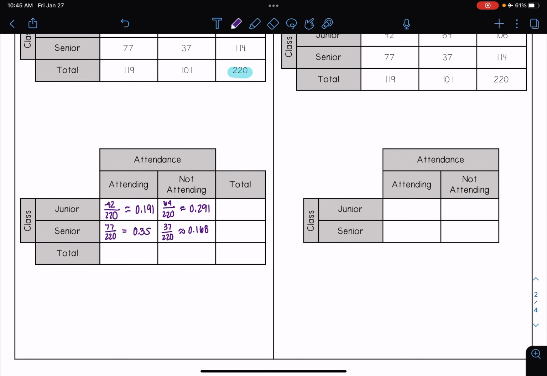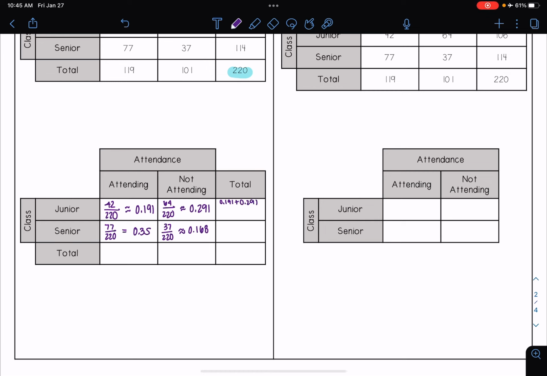So for this first one, I do 0.191 plus 0.291, and I get 0.482. For this next one, I do 0.35 plus 0.168, and I get 0.518.